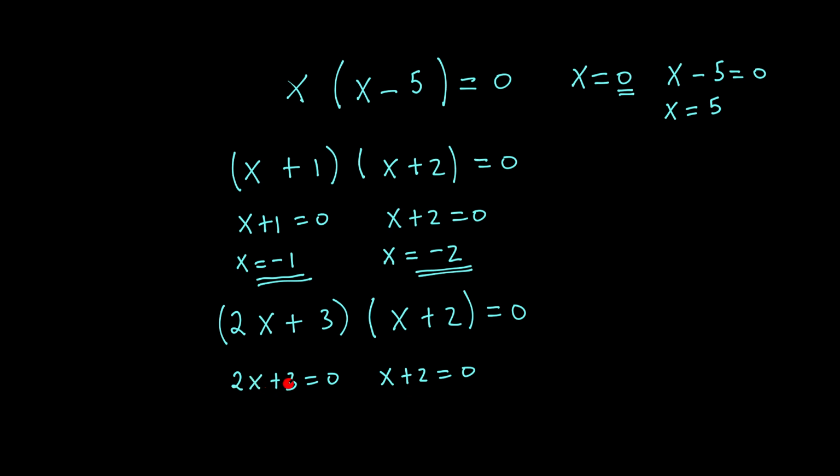Now if 2x plus 3 is equal to 0, we'll just solve this: 2x is equal to, if I take the 3 to the other side, it becomes minus 3, so x is equal to minus 3 over 2. That'll be one of my solutions. And of course we've already done this one here, so simply x is equal to minus 2. So these are my two solutions for the third pair.